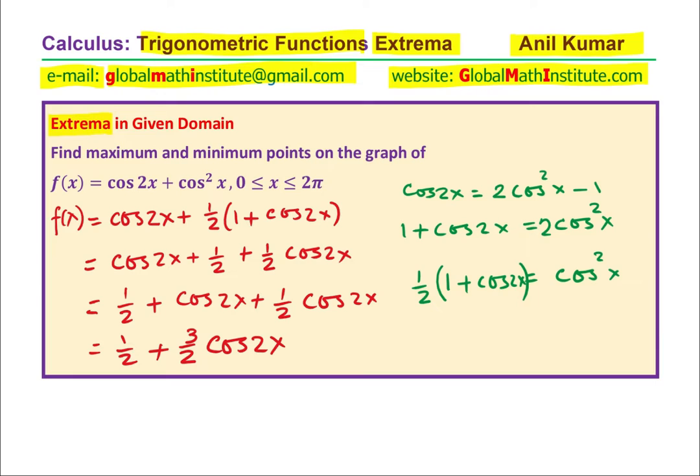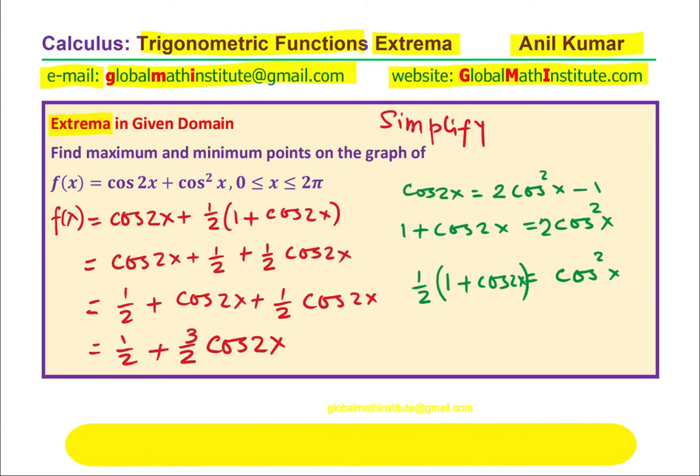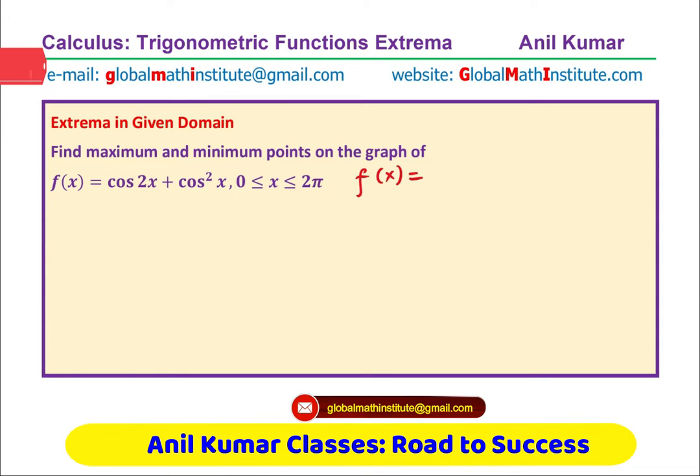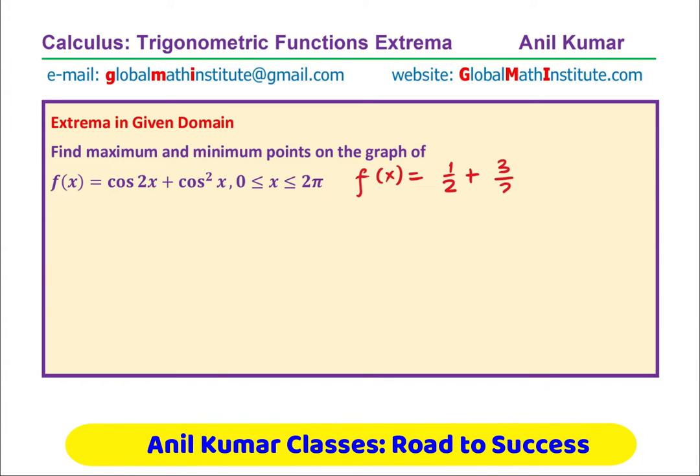First step should be simplify, right? Now, once you have simplified, then you go for derivatives. So now let's look into the simplified version. We already wrote this function f of x as equal to half plus 3 by 2, 1.5 cos 2x.